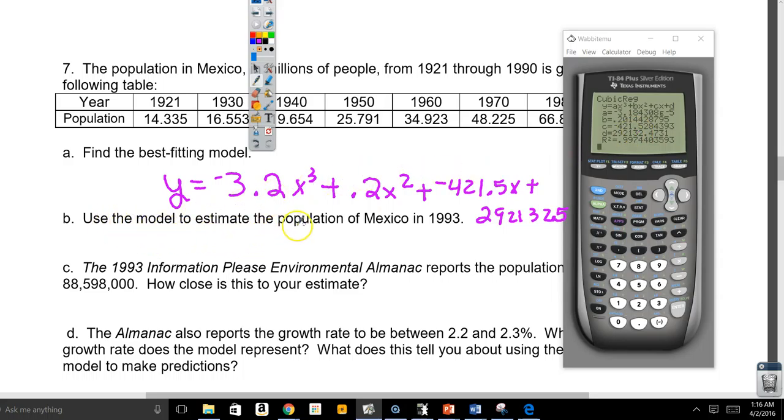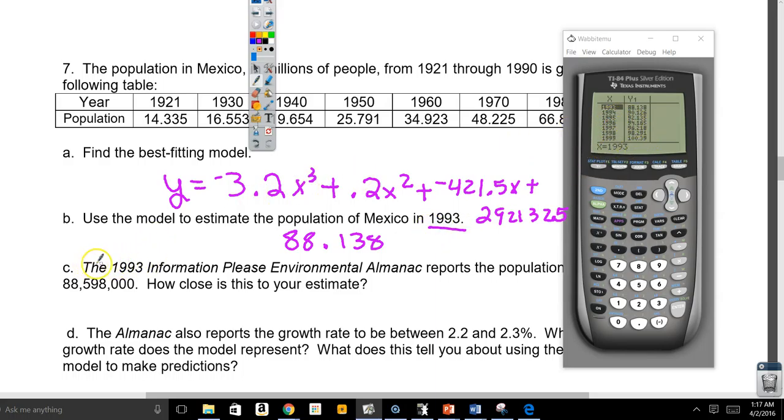Alright, use the model to estimate the population of Mexico in 1993. So I'm going to use my table, but to get there quicker, I'm going to change this to 1993. So I get to my table, and so the population would be 88.138 in 1993.